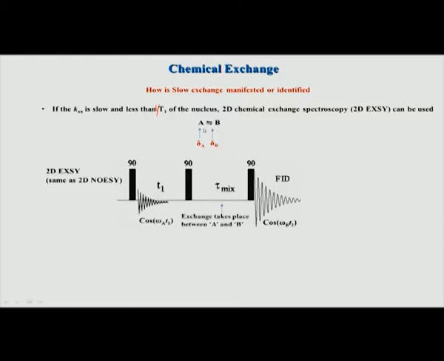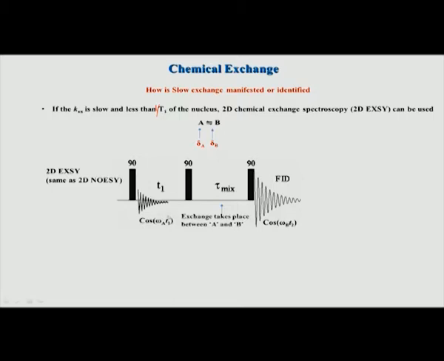So, when it goes from A to B, now when you detect the final magnetization, it is B, because some population of A has exchanged to B during this time, and that B now evolves during the second dimension with the chemical shift of B.